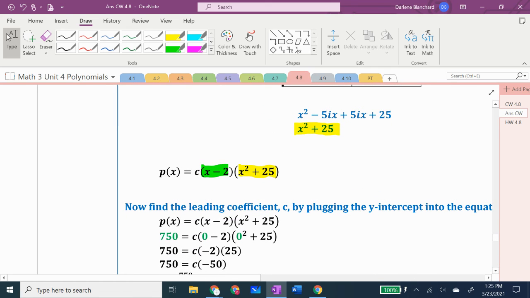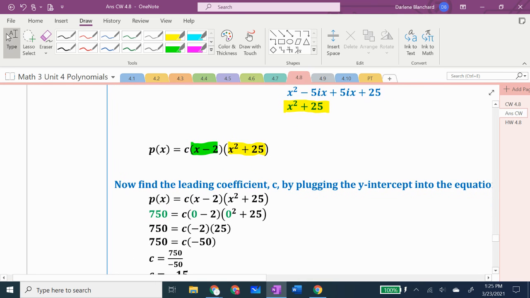Now, it looks like first I decided to find c, which I could do at any time. So if I plug 0 in to every single x, and I would tell you, you don't want to plug in 0 until you get to at least this point, or it might be a little bit confusing as you multiply the complex numbers. However, you might not have a problem with it and you can do it sooner.